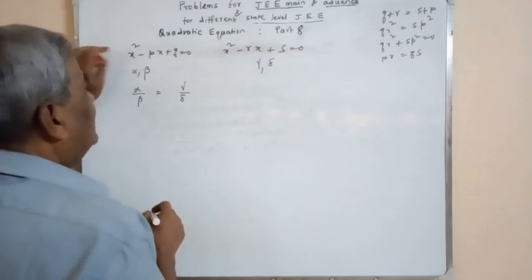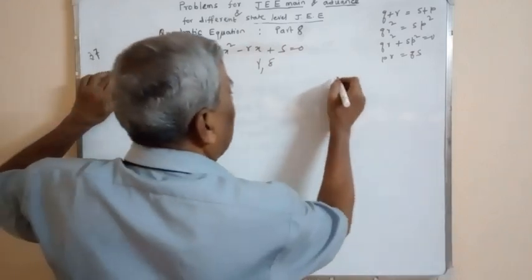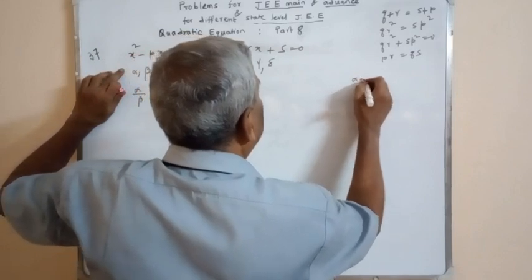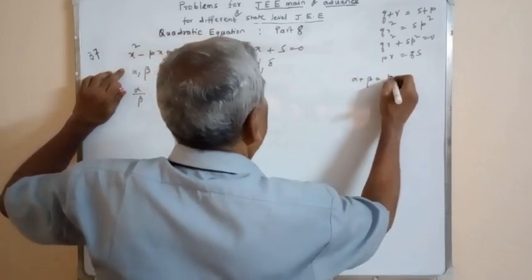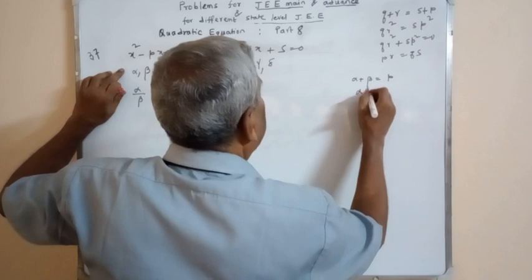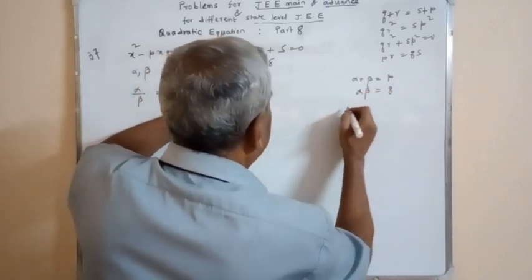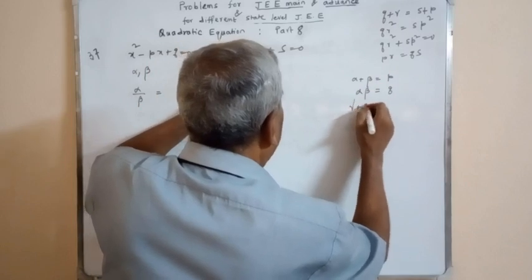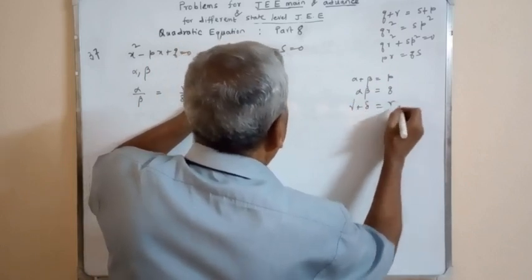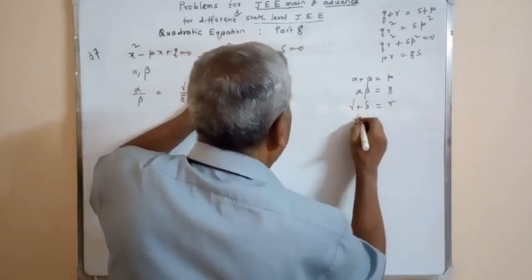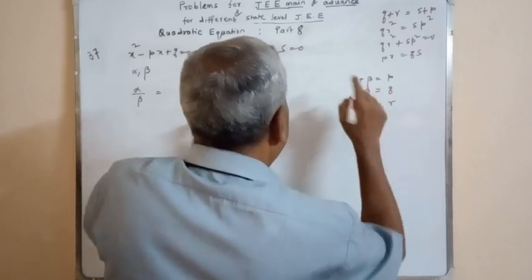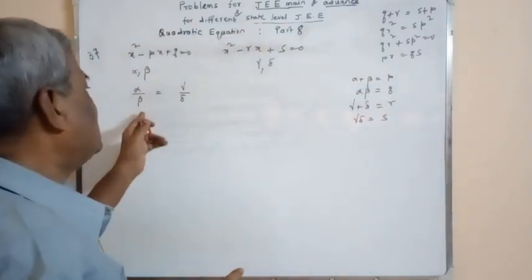From there, we have alpha plus beta is equal to p and alpha beta is equal to q. And from that, gamma plus delta is equal to r and gamma delta is equal to s. These are given and this thing is also given.